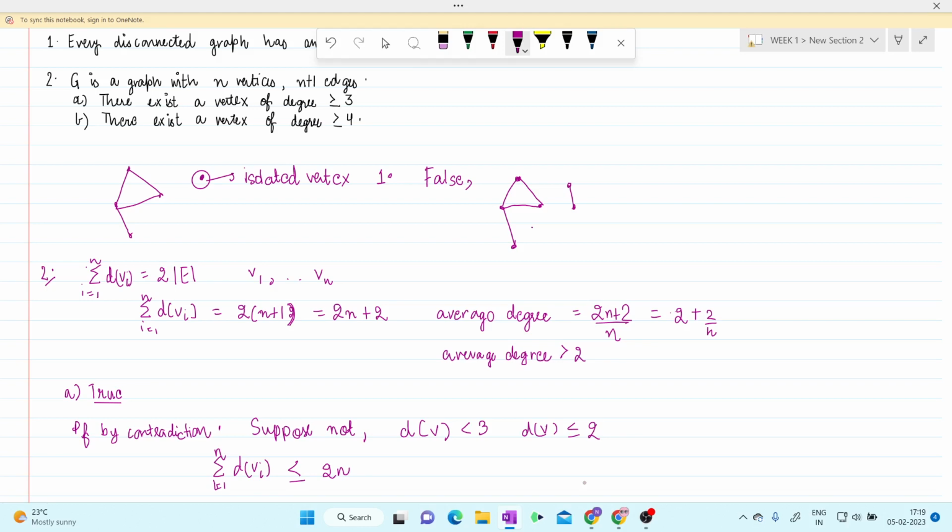So this sum will come out to be less than or equal to 2n. But here we know that our sum is 2n plus 2. So this is not possible. Hence we should have at least one vertex of degree greater than or equal to 3. Is this clear to everyone? Why the first statement is true?